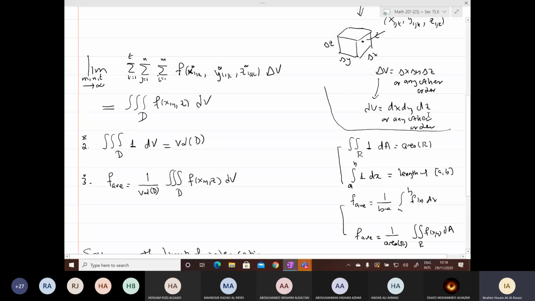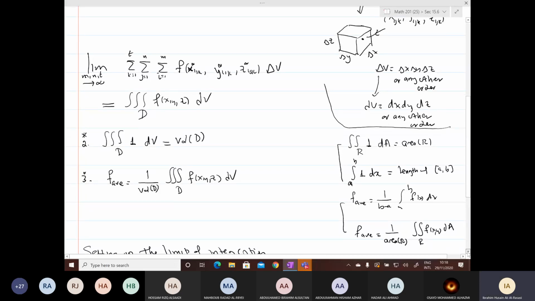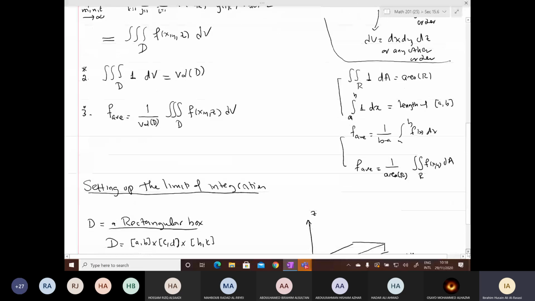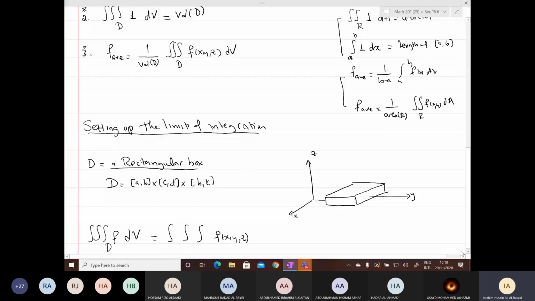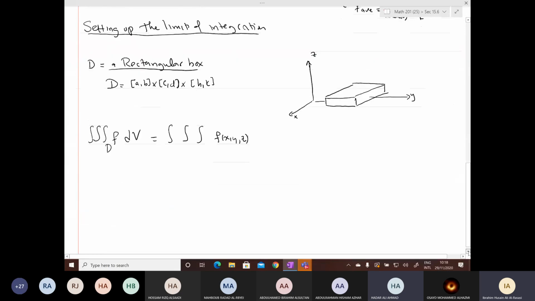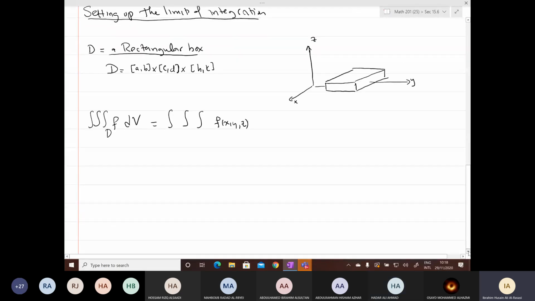If D is a rectangular box, which order do you choose? What do you think? Any order. You are free to choose.